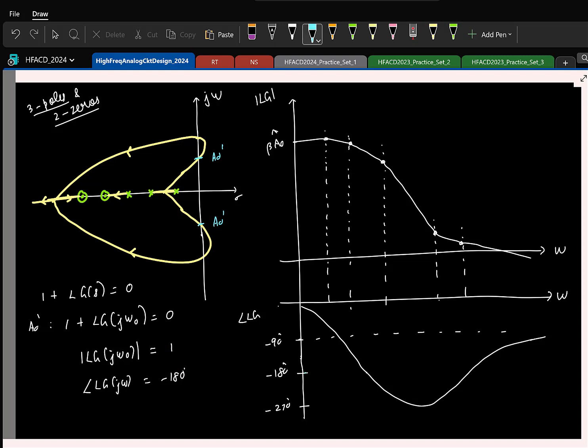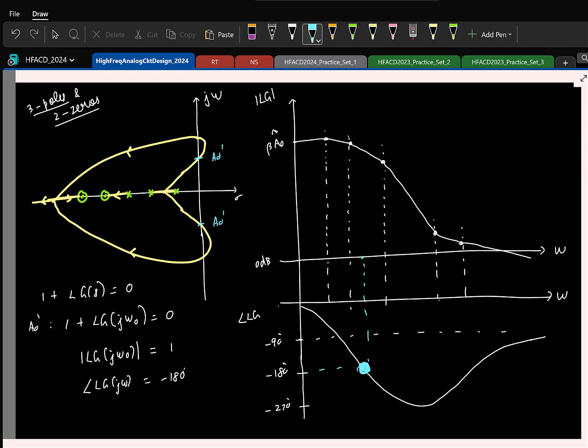So let me look at the phase minus 180 somewhere here. At this point the magnitude must have been 1. Let us say this is where we have the 0 dB line.